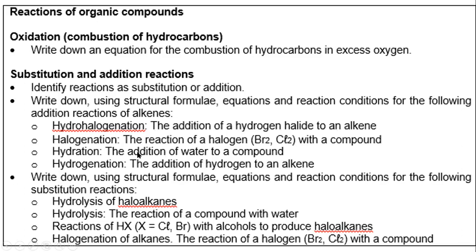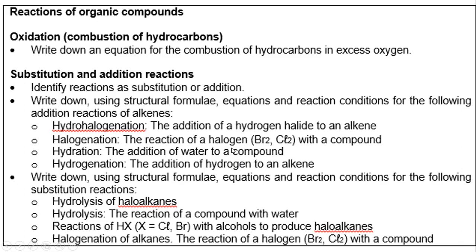Then we are going to look at halogenation, and that is when an alkene reacts with a halogen. So we'll only look at bromine as well as chlorine with a compound, and that is a compound which is an alkene. And then we will be looking at hydration as well, which is the addition of water to a compound.